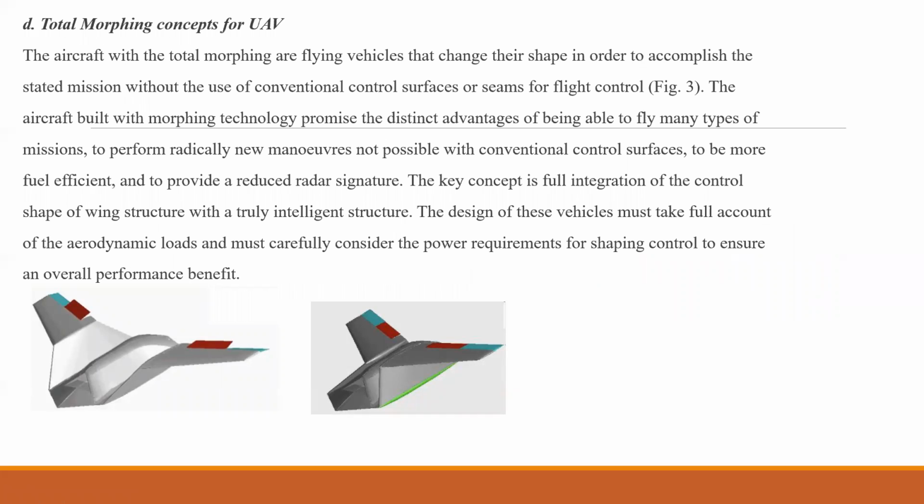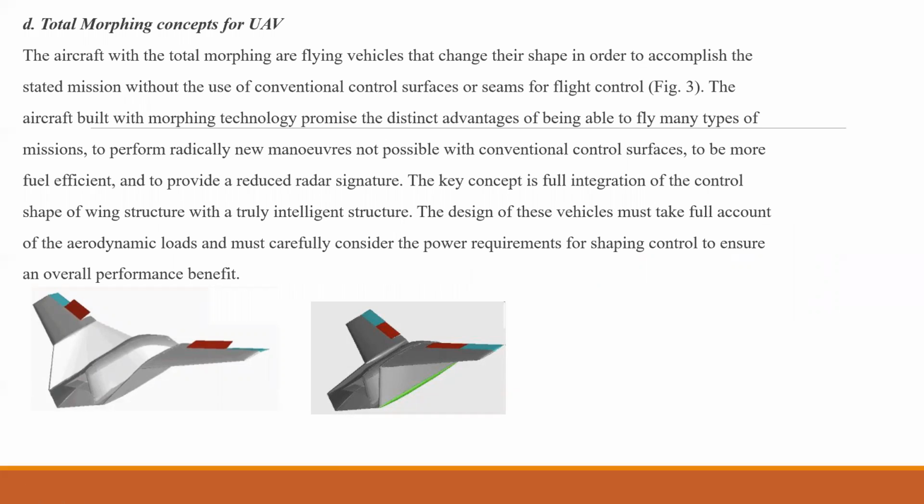And coming to total morphing concepts for UAV. The aircraft with total morphing are flying vehicles that change their shape in order to accomplish the stated mission, with the use of conventional control surfaces or seams for flight control.